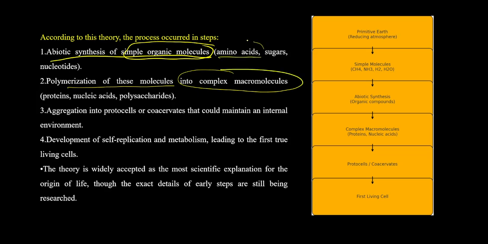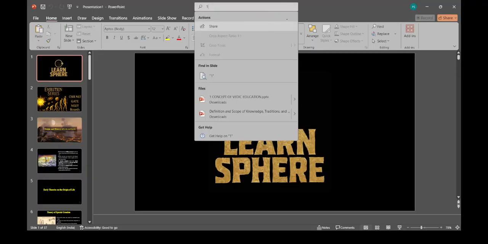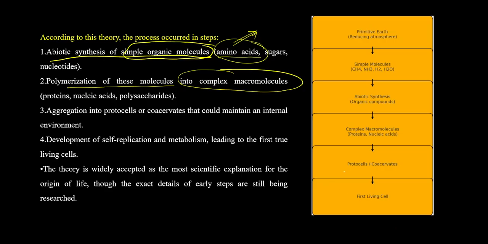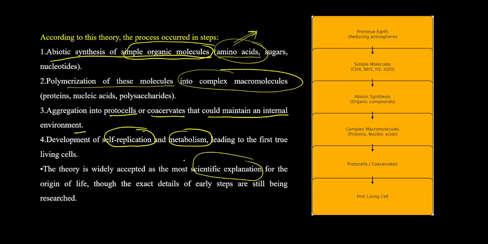Amino acids polymerized to form proteins. Then aggregation into protocells and coacervates that could maintain an internal environment, then development of self-replication and metabolism. This theory was widely accepted as the most scientific explanation for the origin of life.